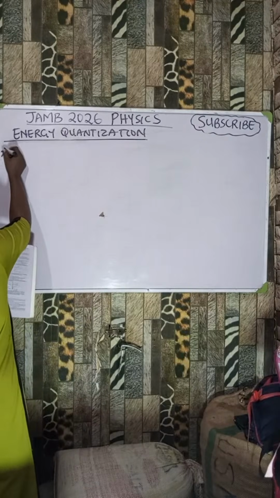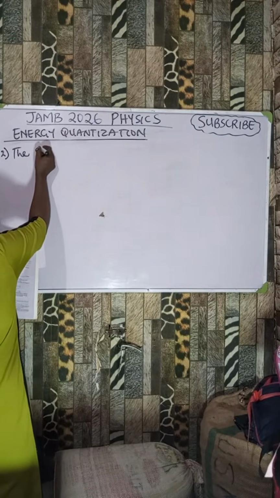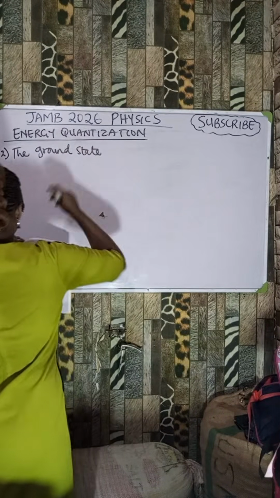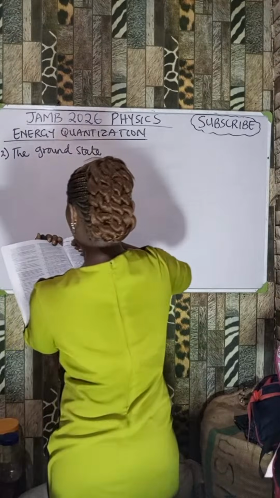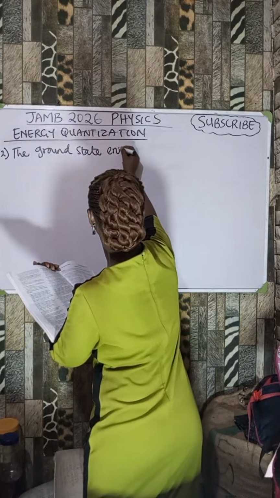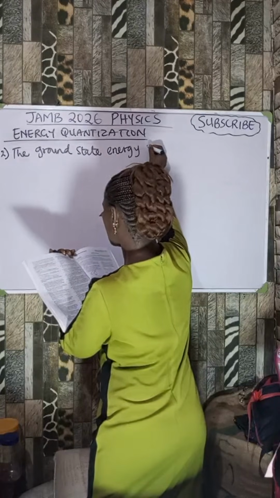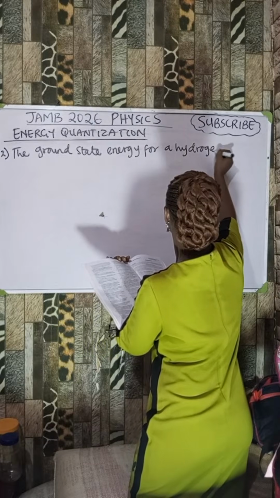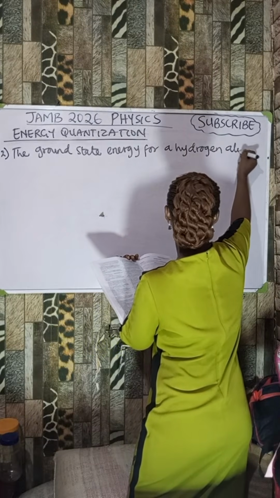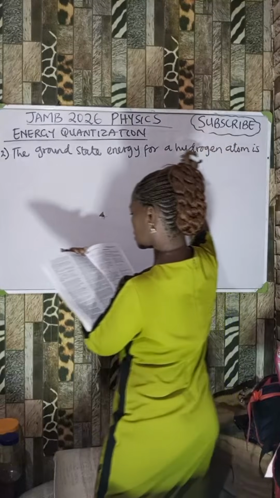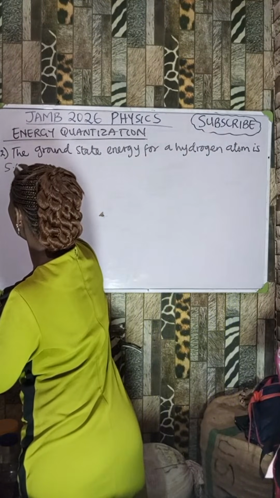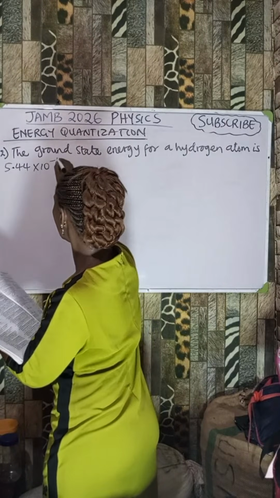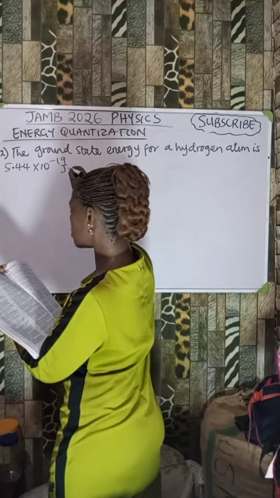All right, the question says, the ground state energy for a hydrogen atom is 5.44 times 10 power minus 19 joules.